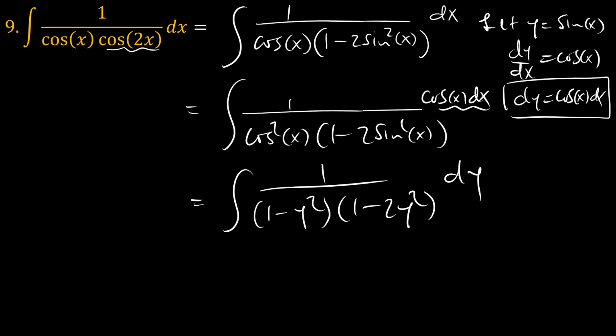So we could express this as a partial fraction, because we begin with the smaller one, so we have 1 minus 2y squared.